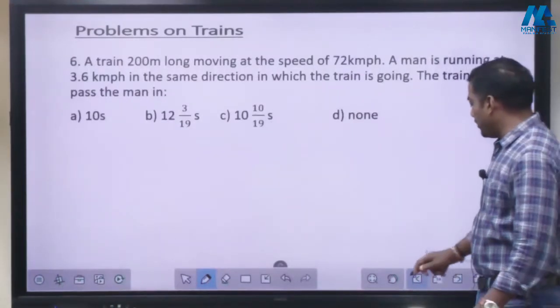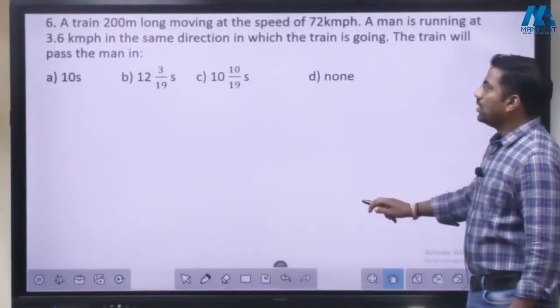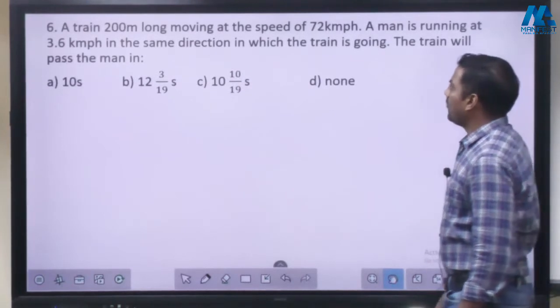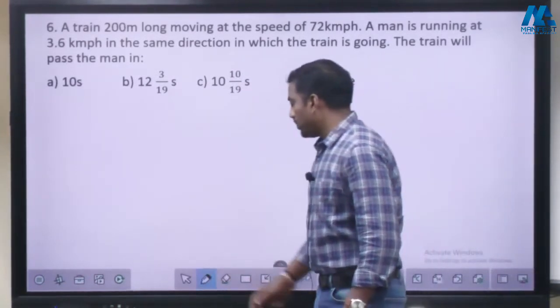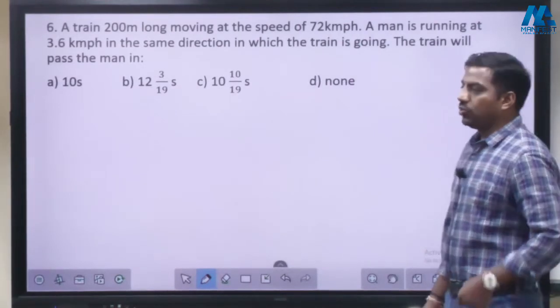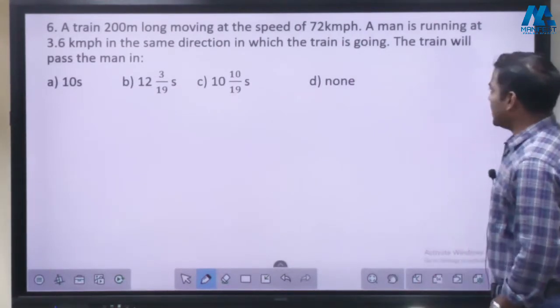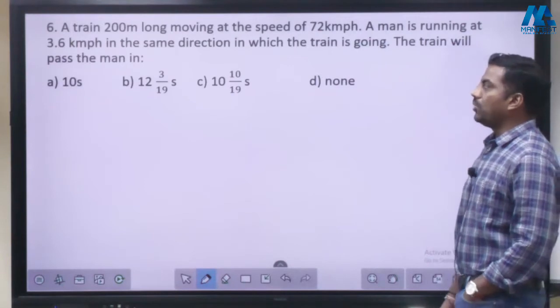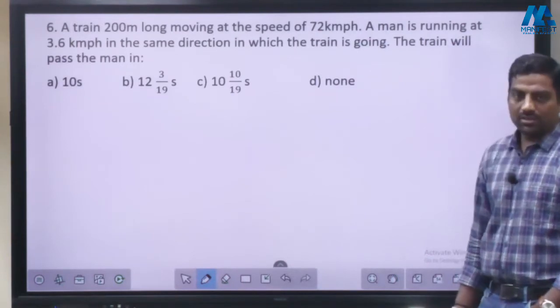A train 200 meter long, moving at the speed of 72 km per hour. A man is running at 3.6 km per hour in the same direction.